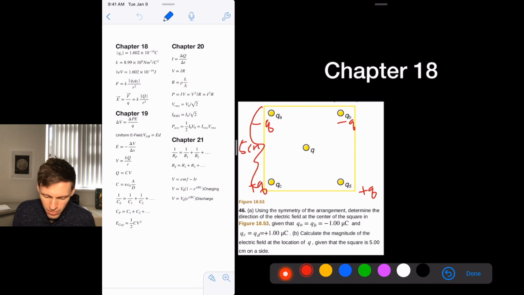So what I care about is, it doesn't tell us what the charge Q is, but it doesn't matter. Let's imagine there's nothing there, and it just asks what's going on at the center of this thing. Since this is a negative charge, you're going to have electric field going that way, towards the negative sign, and away from the positive signs.